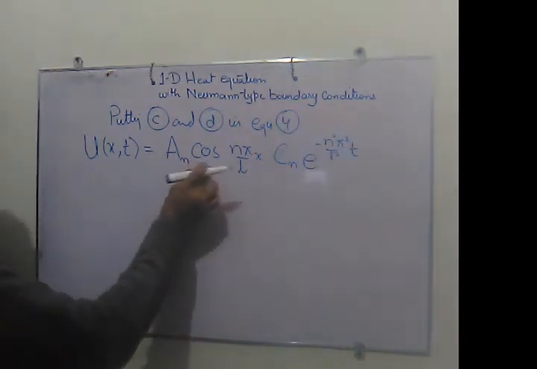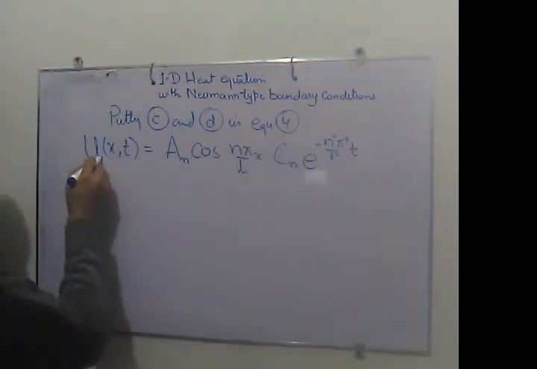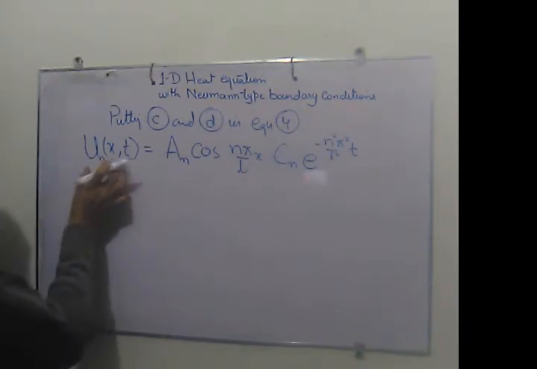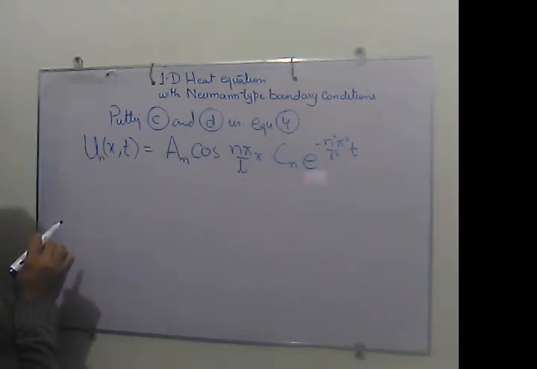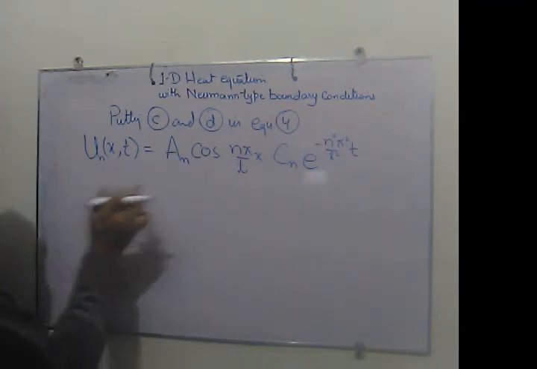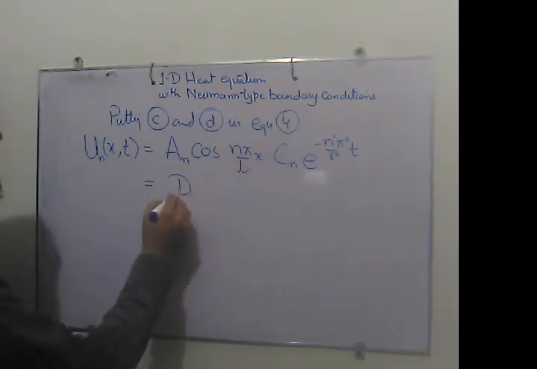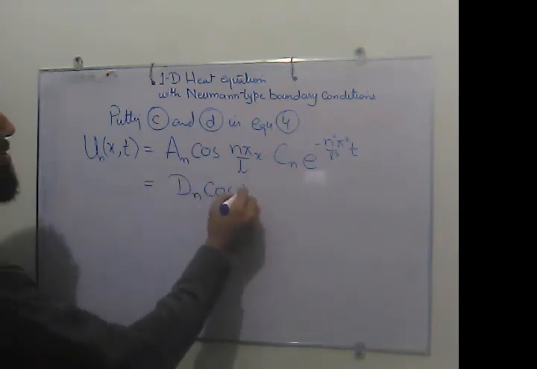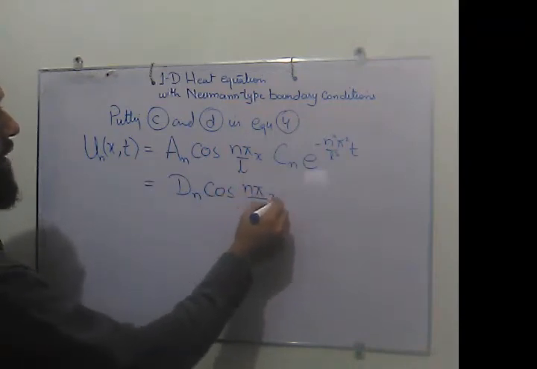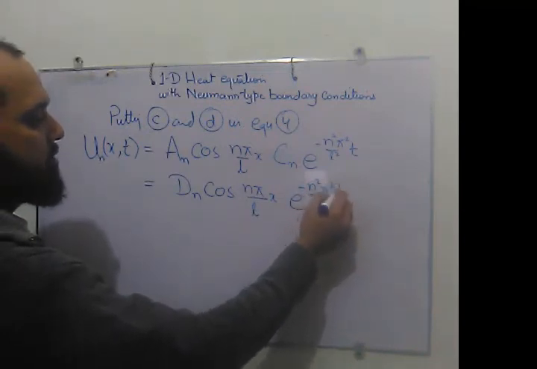Since these are infinite solutions, in order to represent this as a solution we put subscript n here. However, the requirement for the solution for equation 2 was a single solution, not infinite solutions. So first we combine the coefficients a n and c n as d n: d n cos n pi upon L x exponential minus n square pi square upon L square t.